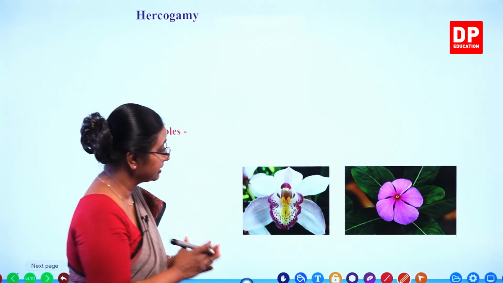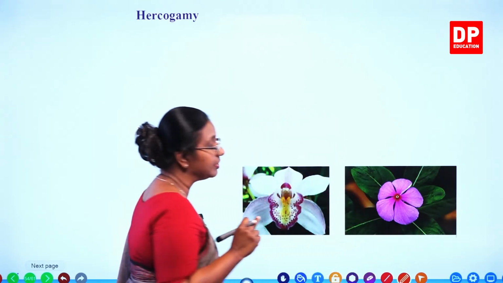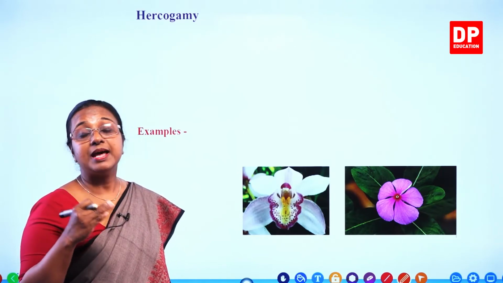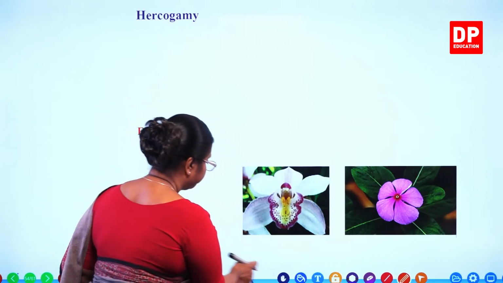kept at a distance. Same goes for this catharanthus. Here also you will be able to observe that the anther and the stigma are kept at a distance so that there will be no self-pollination.